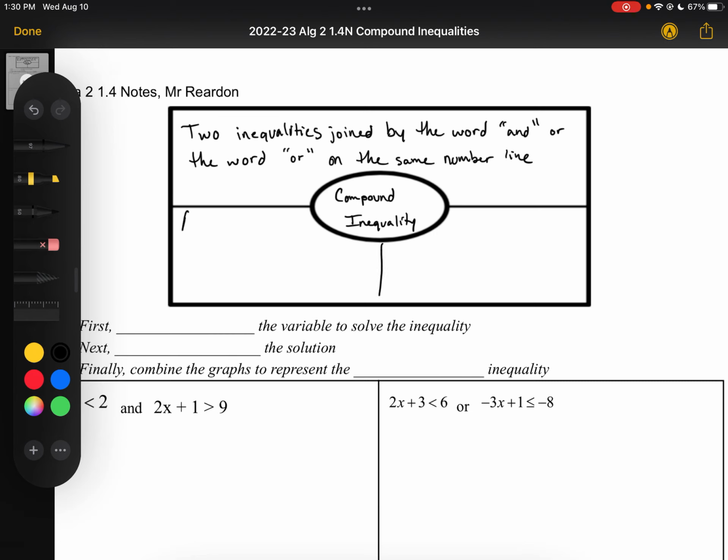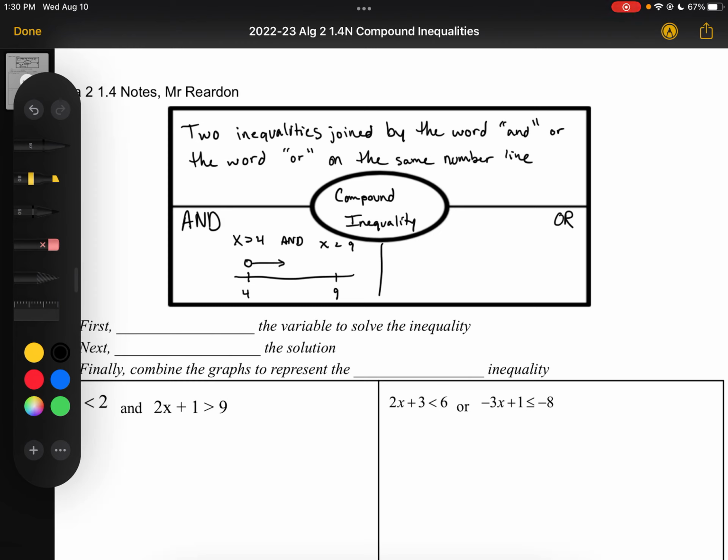So we'll go over two different types of examples, and examples and or examples, and typically, not all the time, but typically what they look like. So an and example would be something like x is greater than 4 and x is less than 9. So what we do on a number line, start off with the number 4 and the number 9.